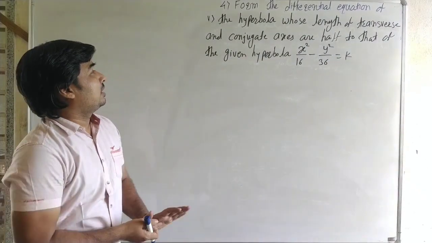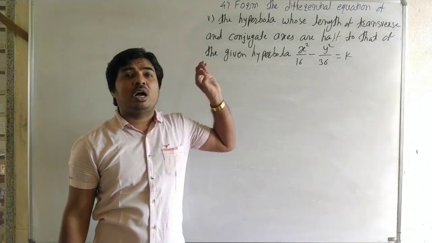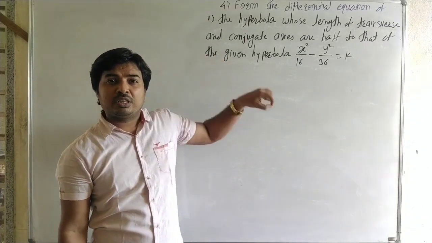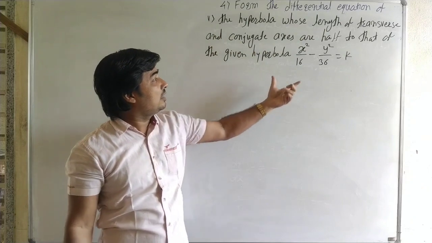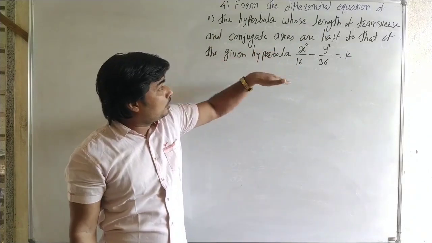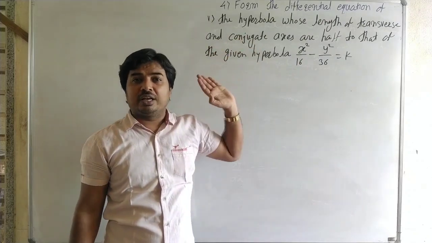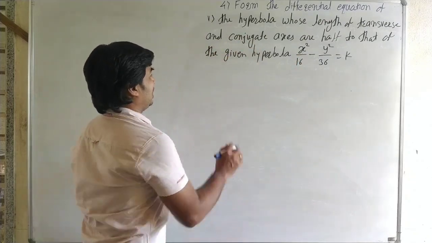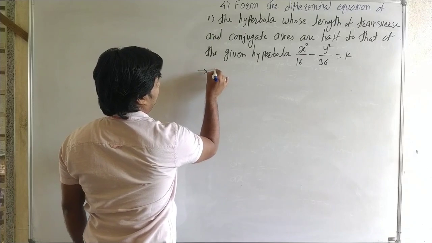Now, here first we want to find the equation of the hyperbola whose lengths of transverse axis and conjugate axis are half of the given hyperbola's transverse and conjugate axis. See carefully.